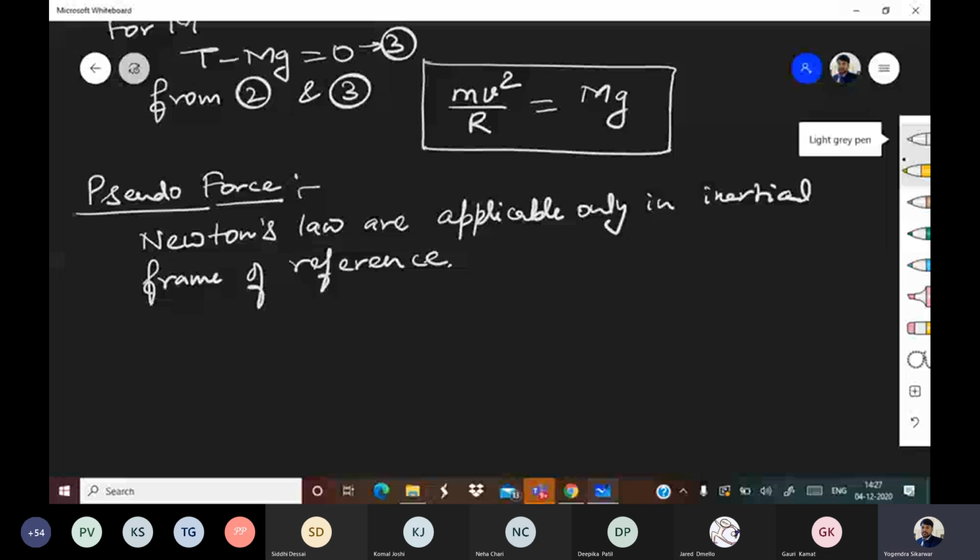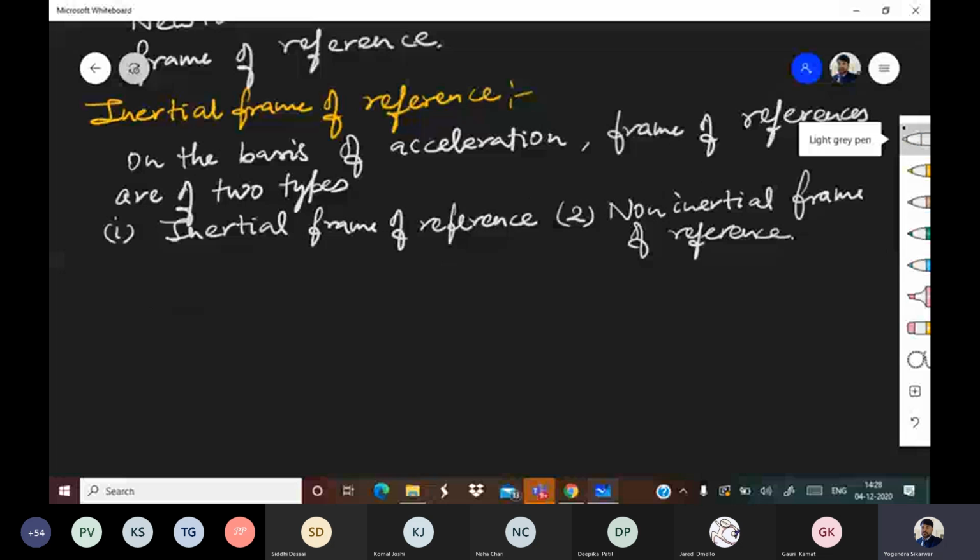Non-inertial frame of reference. So what are these inertial and non-inertial? Let us talk about them. Basic inertial frames of reference are those frames which do not accelerate.